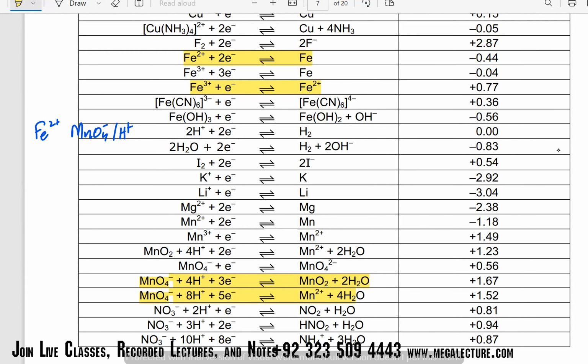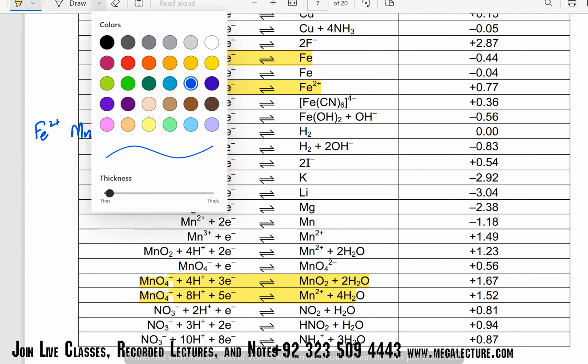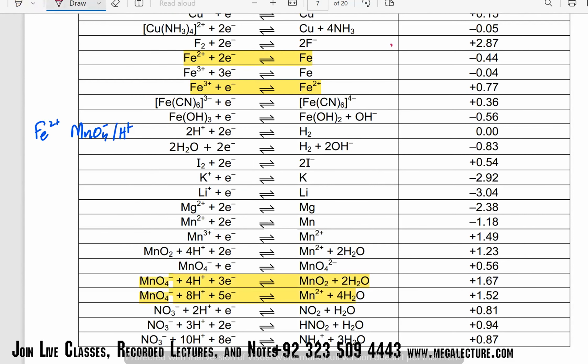So if I do a reaction, who's got the highest potential? It's 1.67. That's the highest potential, right? So that's the one that's going to gain electrons, and that's fine because I have MnO4 minus 1 and 4H plus 1. And who's going to lose electrons?